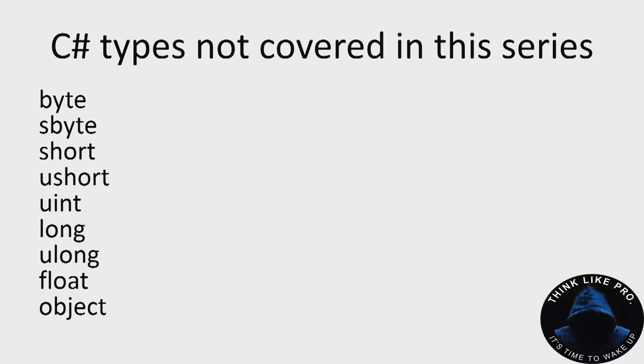They are byte, sbyte, short, ushort, int, uint, long, ulong, float, and object. I already mentioned float as being the single precision floating point type. Most of the rest of these are integers of various different sizes. And object is the root type of C#. And it's used in object-oriented programming. That's why object-oriented programming is called object-oriented programming.